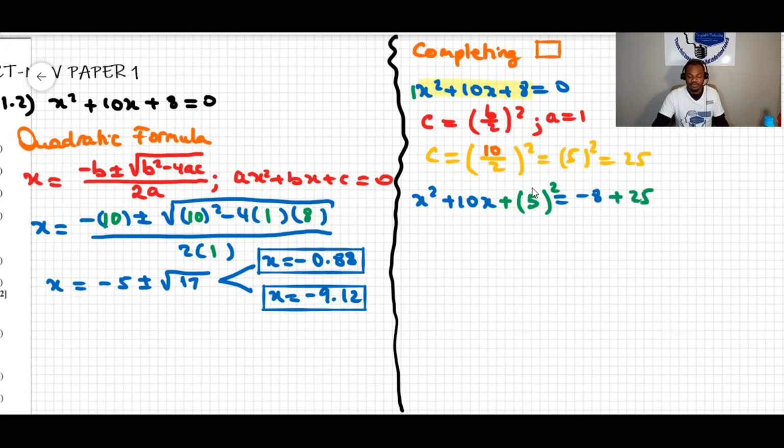Actually, whatever we do on the left, we do also on the right. I added 5 squared on the left-hand side, I add 5 squared on the right-hand side. 5 squared is 25. Now, this value is the one that will make the left-hand side a perfect square. So I'm going to write it like x plus 5 to the power of 2 equal to 17.